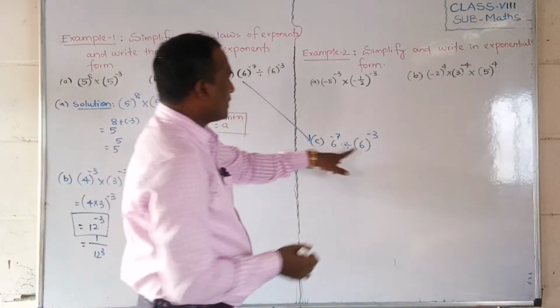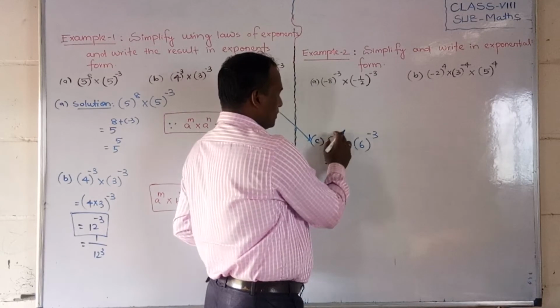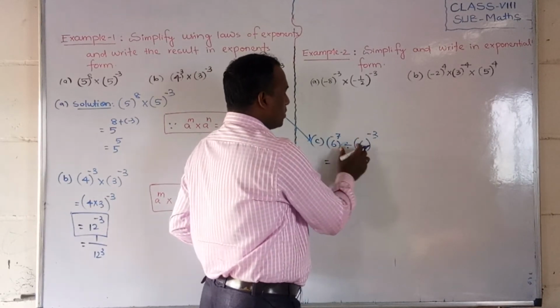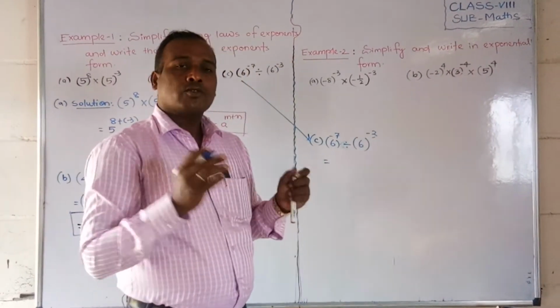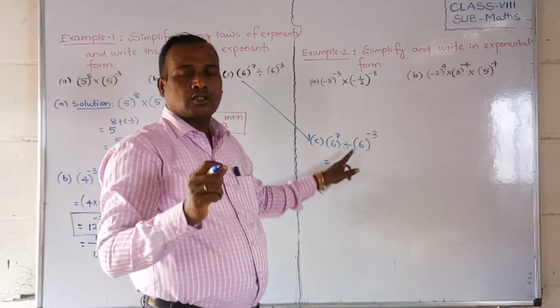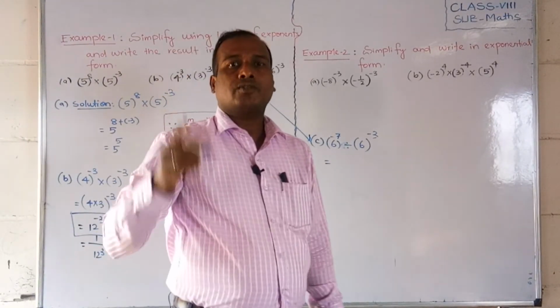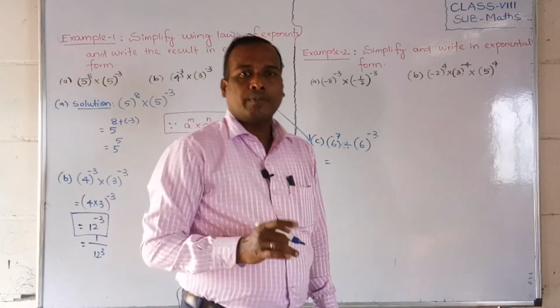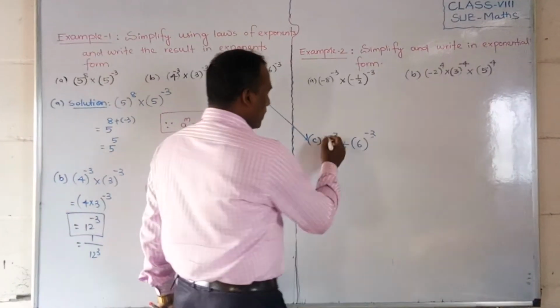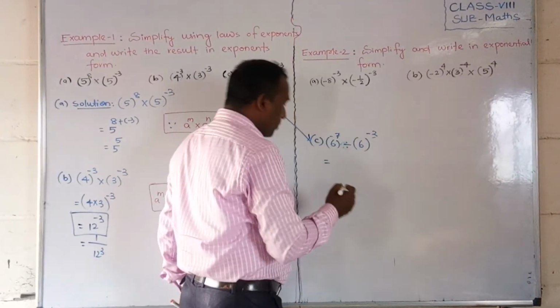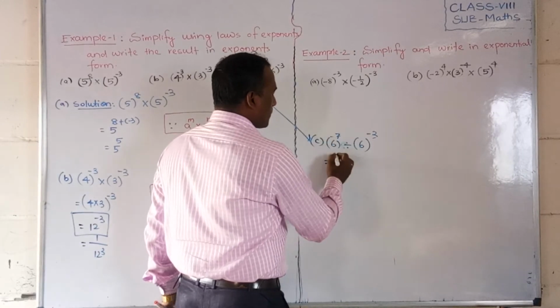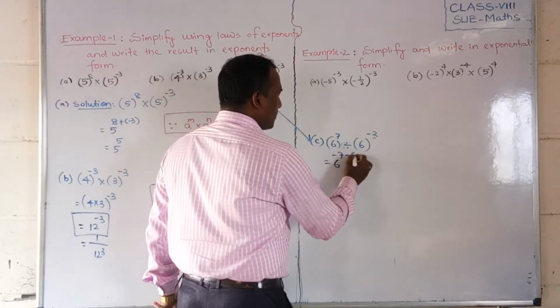Here the bases are same. This base is 6, this base is 6. So both bases are same and the operation is division. When both bases are same and we are doing division, then the powers will be subtracted. Okay. So how will the power be written? 6 to the power minus 7 minus 3.